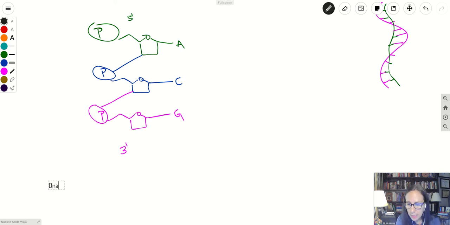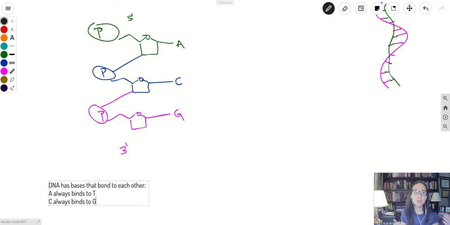So DNA has bases that bond to each other. And so A, adenine, always binds to T, thymine, and C always binds to G. Okay, so adenine always binds with thymine, cytosine always binds with guanine. Okay, you have to remember that.